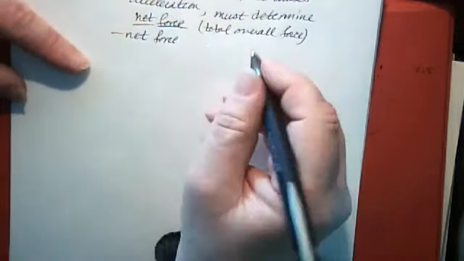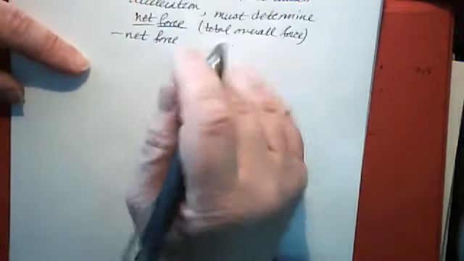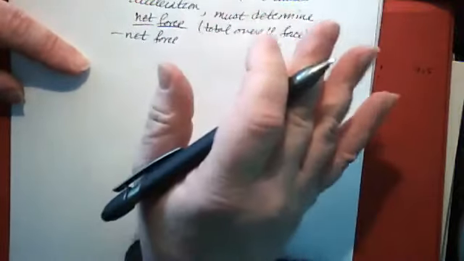The net force acting on an object is the total force determined by all of the forces acting on the object, taking into account their direction.